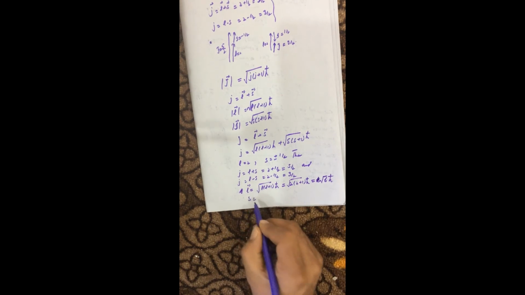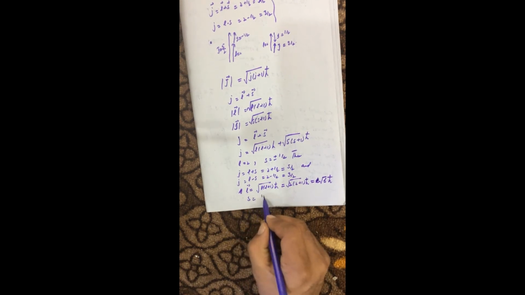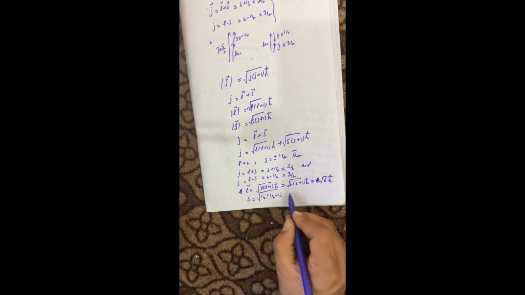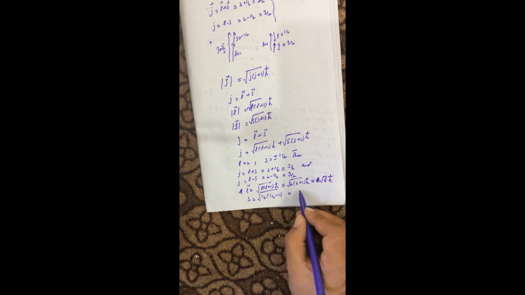Similarly, S is equal to the square root of 1/2 into 1/2 plus 1, which is equal to square root 3 divided by 2. This is the value of L and S.